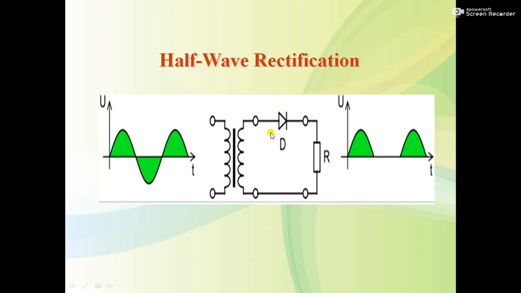When it is an open switch, no current flows through this diode, and also no current flows through RL. When no current flows through RL, there is no output voltage. And again the process repeats: during the positive half cycle, output; during the negative half cycle, no signal. So this is the operation of half wave rectification.